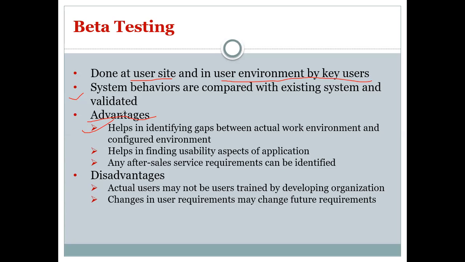So if you are doing some kind of a setup with your software, so actual work environment means at the user side and development environment, if any configurations are done, then the gaps between these two will be identified by using beta testing. Then it helps in finding the usability aspects of application. Okay, so absolutely the usability from the end users will be checked at this level.